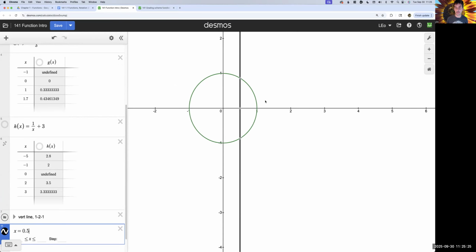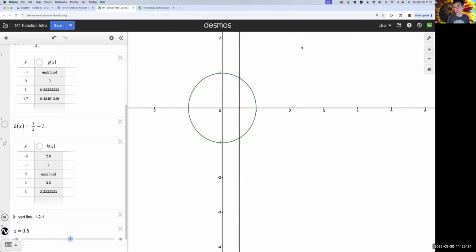So for example, here's a vertical line. Notice that it intersects the circle in two places, right? If this circle represented a function, then those two places where it intersects, right? So there's a point right here and a point right here.